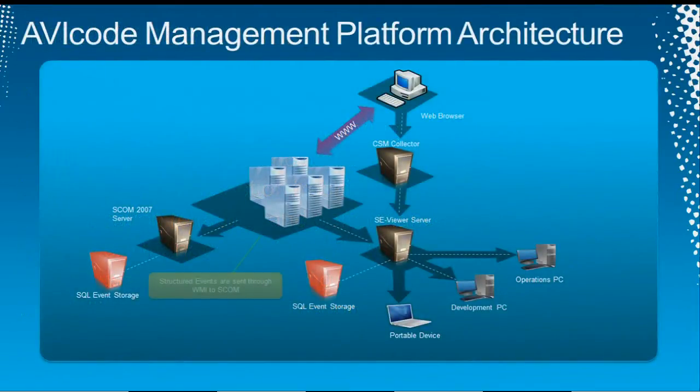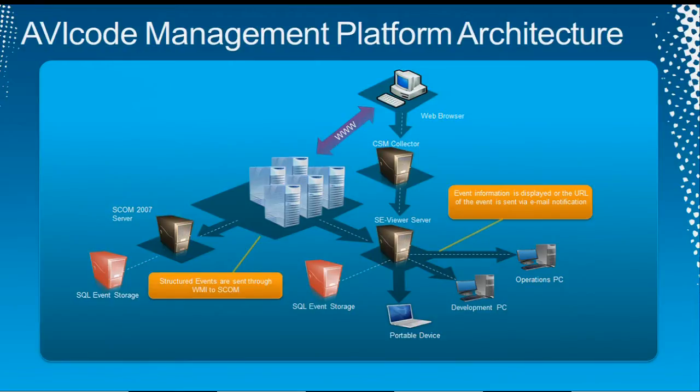So if you look at the AVIcode architecture, it's an agent-based solution. And before, I got the comment that this is a pretty complicated architecture; believe me, it's not. There are 2 types of implementation you can have with AVIcode. First, a standalone solution.